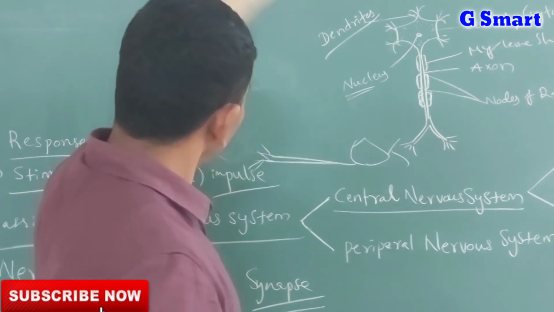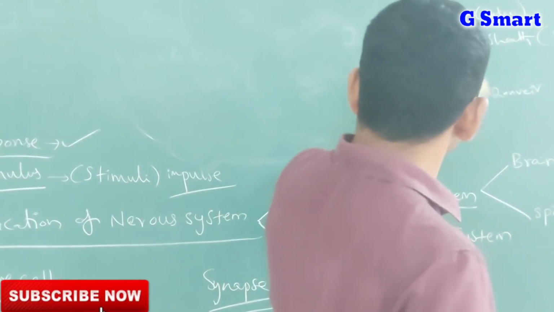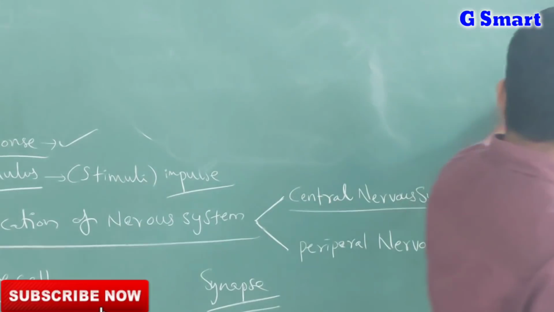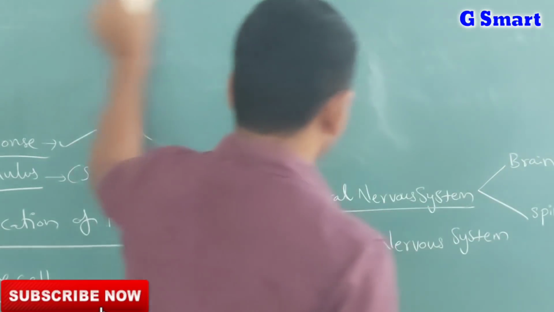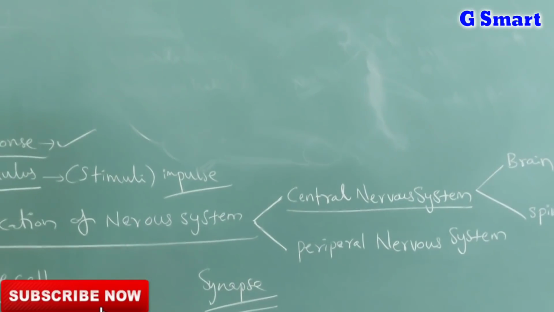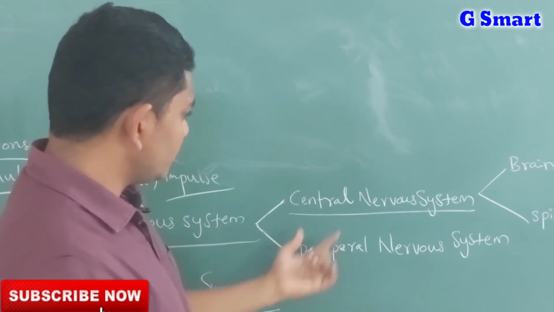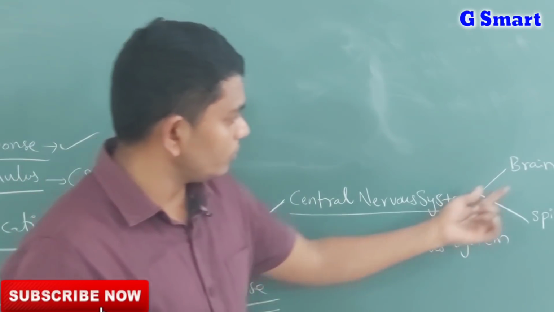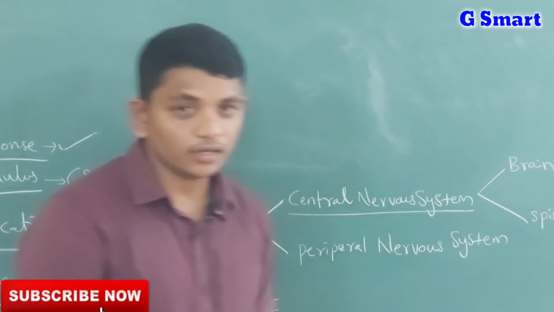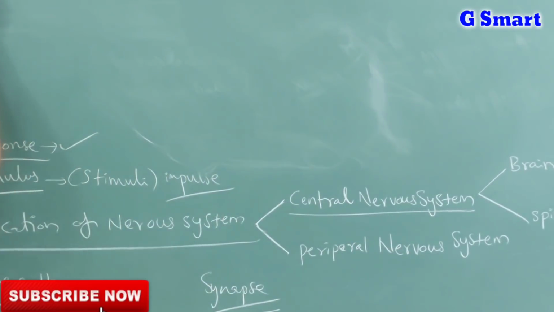You all know our nervous system is made up of nerve cells, only nerve cells, in the spinal cord and in the brain. Everywhere we can find nerve cells. The central nervous system is mainly of two types, brain and spinal cord. Let us discuss the brain first.